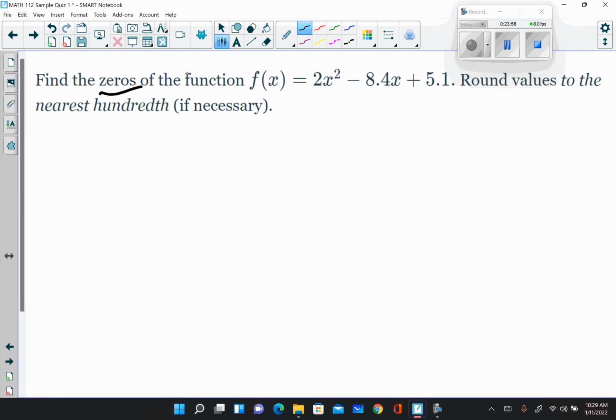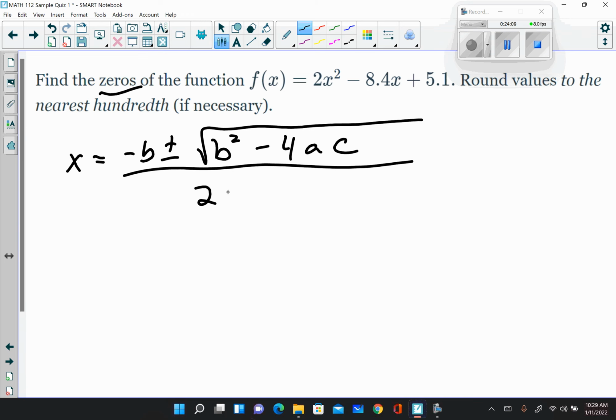To find the zeros of a quadratic equation, we use x equals negative b plus or minus the square root of b squared minus 4ac all over 2a. Negative b would be negative negative 8.4, which is positive 8.4, plus or minus the square root of b squared.